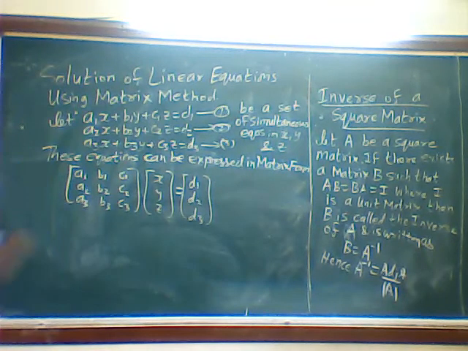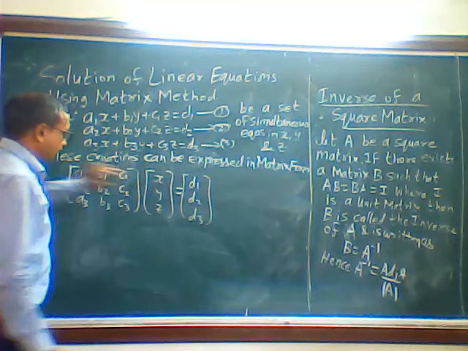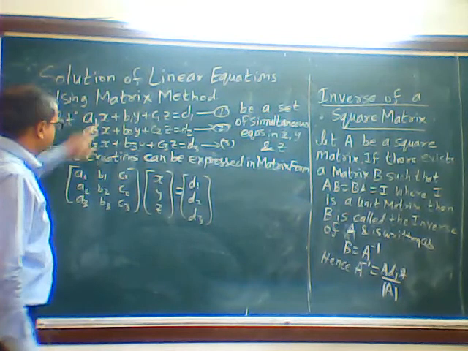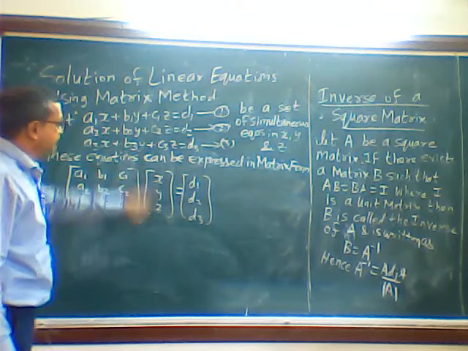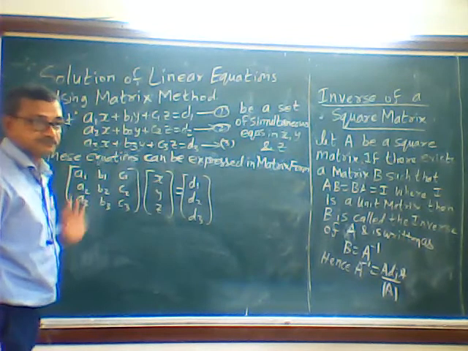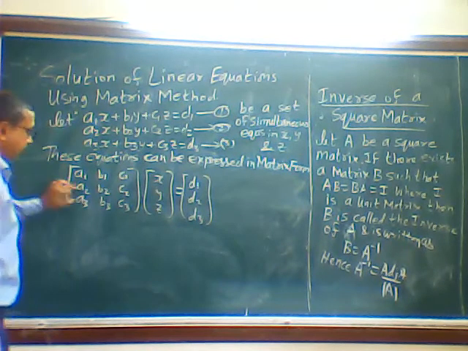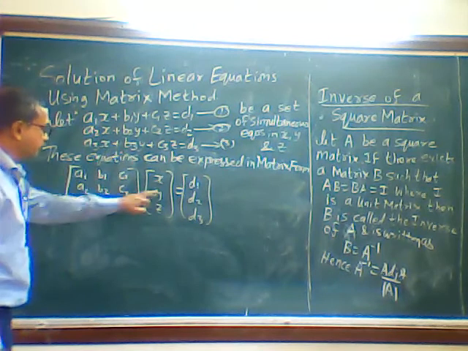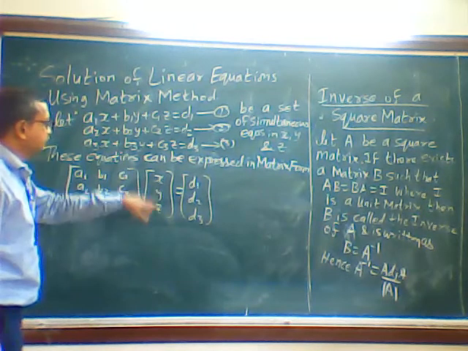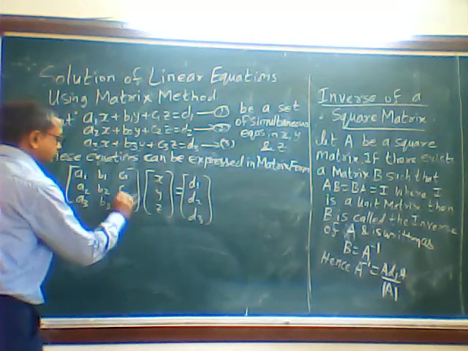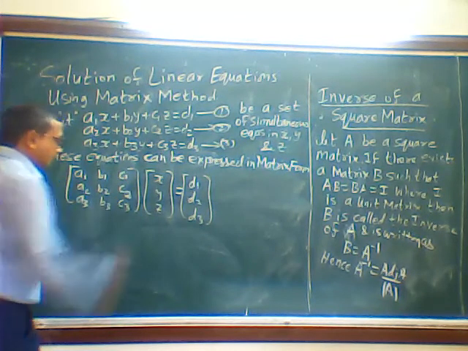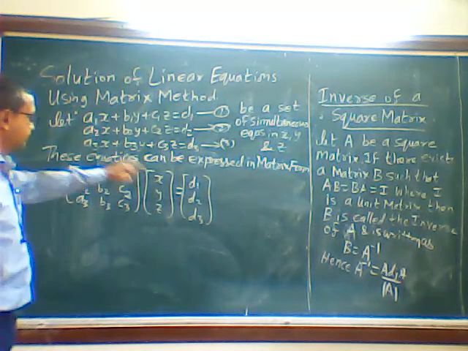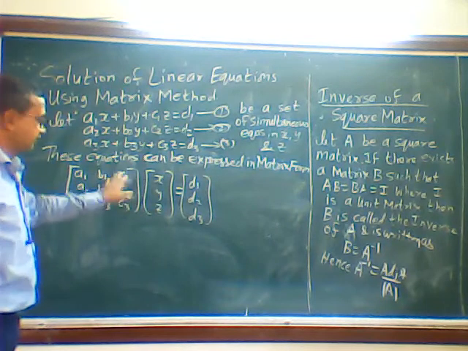Okay, see here, if you multiply a1 into x, a1x plus b1 into y, b1y plus c1z is equal to d1. Same way, a2x plus b2y plus c2z. Same way a3x plus b3y plus c3z.